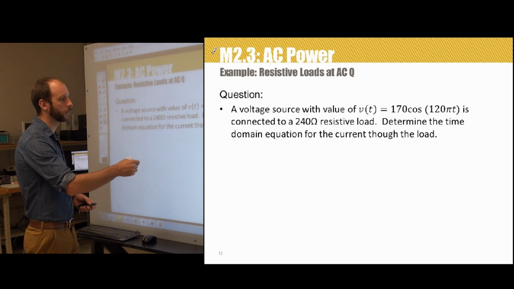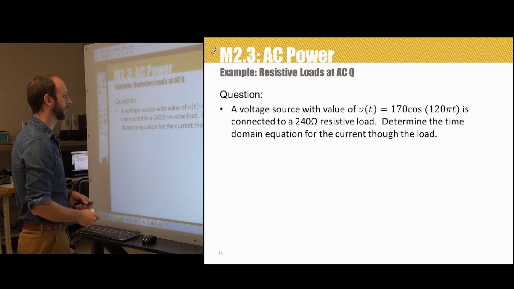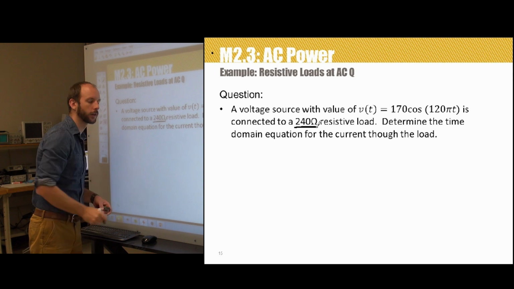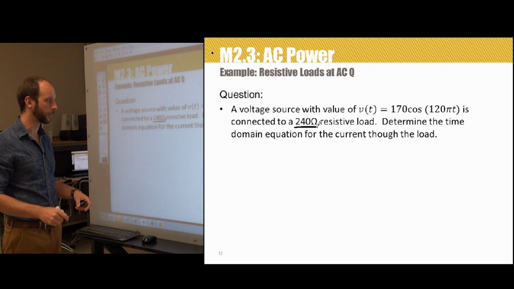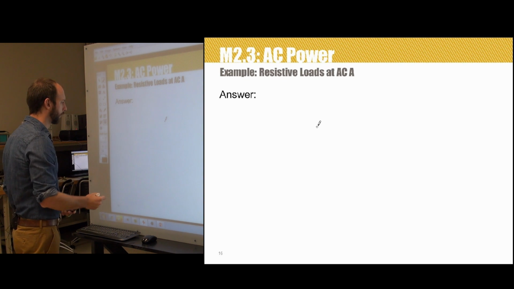So if we've been given an AC signal connected to a purely resistive circuit, let's determine the current through it. Let's draw a circuit model to start with.